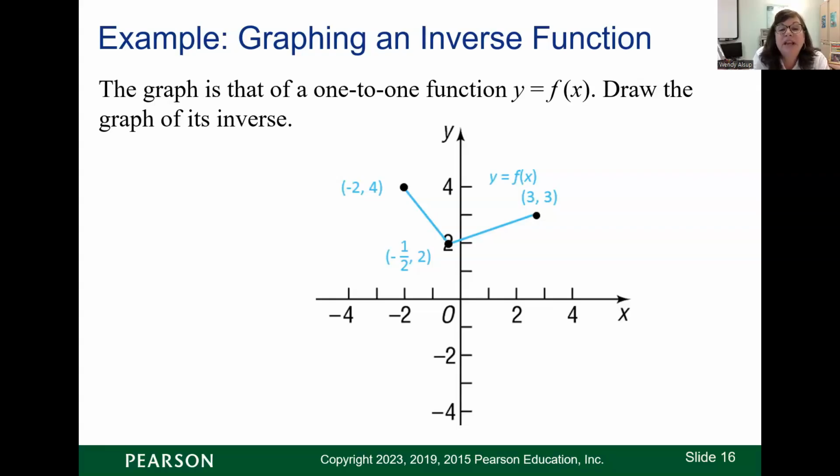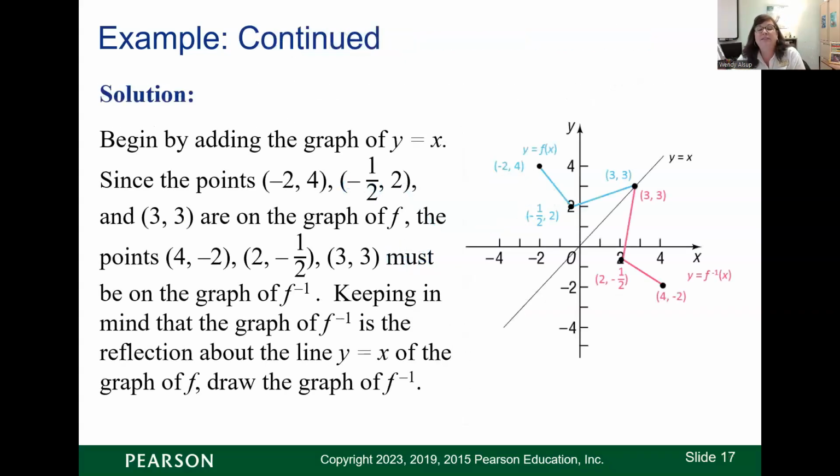So (3, 3), switch that, still (3, 3). (-2, 4), switch that, now I'm at (4, -2) down here. (-1/2, 2), now I'm at (2, -1/2), right about there. And so our new graph is just reflected across the line y equals x.